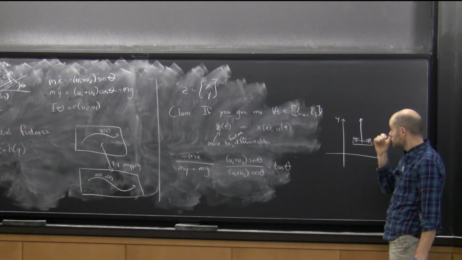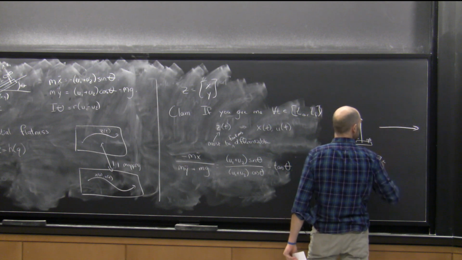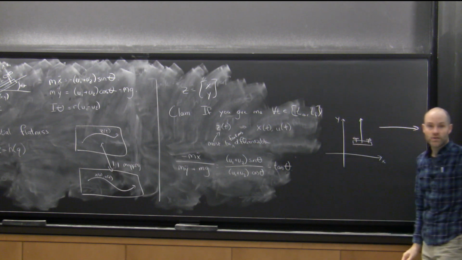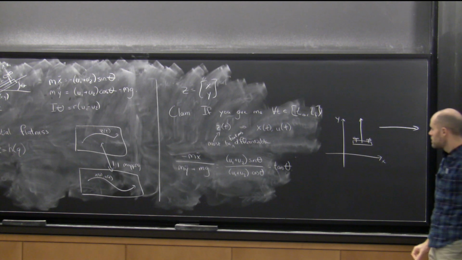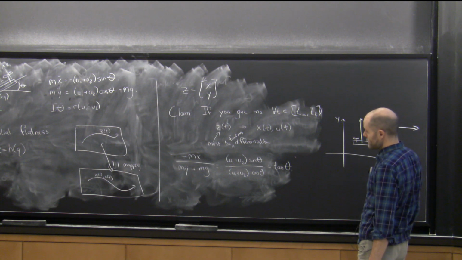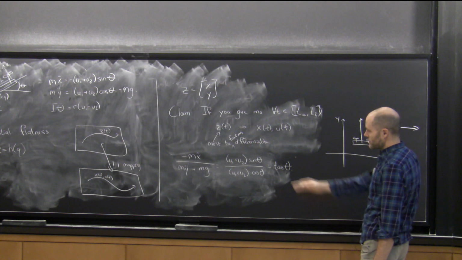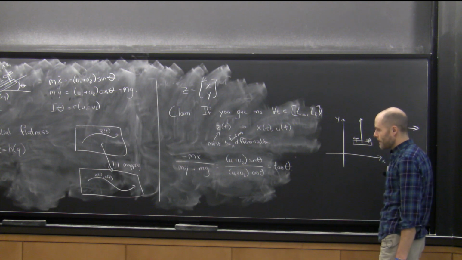Maybe more interesting would be, what if you told me I want to be going like this? So y double dot equals 0. What's the solution going to look like? If y double dot equals 0 and let's say x double dot is a constant, can you work it out?